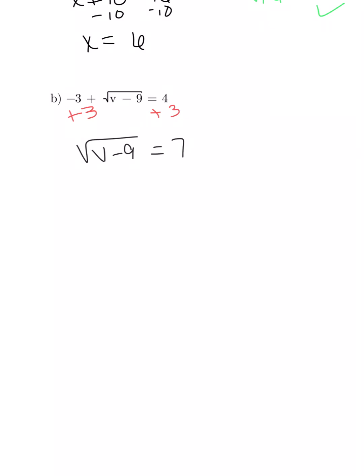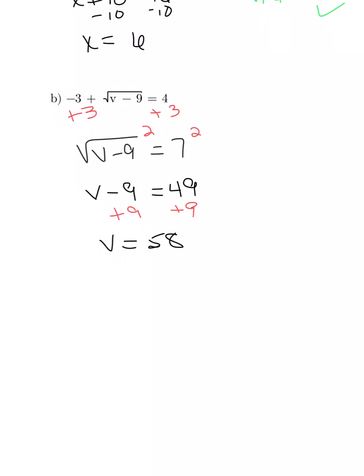Once the radical is alone, you square both sides. Squaring a radical leaves you with just the inside. V minus 9 equals 7 squared, which is 49. Add 9 to both sides, and we get v equals 58.